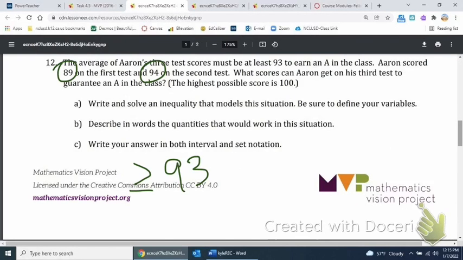X. To find the average, we'd have to do 89 plus 94 plus X, whatever that is, which is what we're going to find, and then divide by how many? 3. However many test scores there were total, that's what we divide by. Even though we don't know the third one, we know there's going to be 3 of them. So we would divide by 3. It's pretty much the same type of equation. We just have to solve this one now.